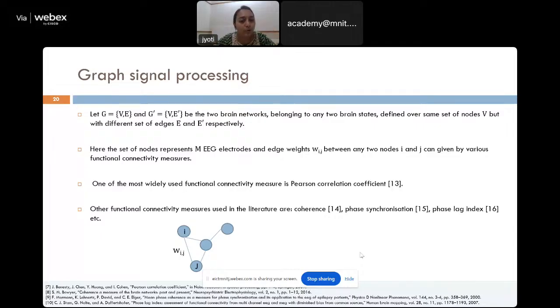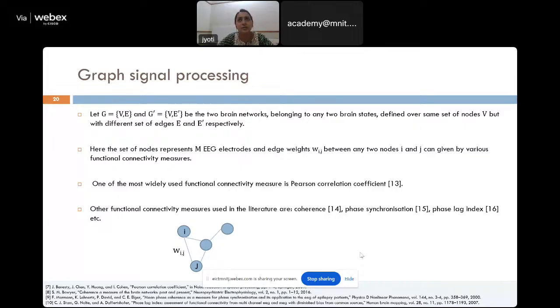One of the most widely used functional connectivity measures is the Pearson correlation coefficient matrix. Suppose two sensors, F1 and F2, are there on your frontal lobe. What is the correlation between these two signals? That will represent the connecting edge, that will be the edge weight for that particular edge, given by the Pearson correlation coefficient matrix. There are various other functional connectivity measures such as coherence, phase synchronization, phase lag index, etc.